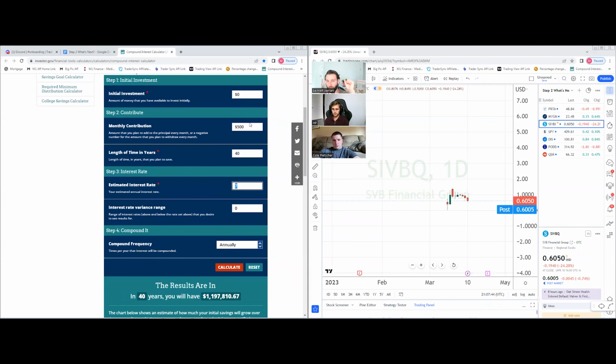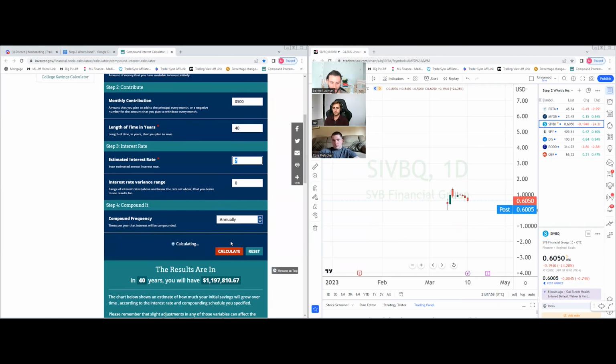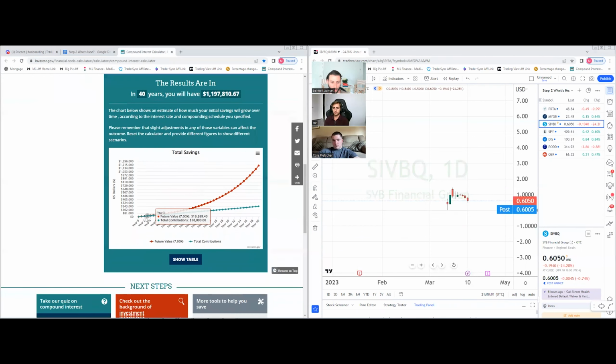So very simple, starting with nothing, saving $500 a month into one Roth IRA, having 40 years in front of you before you reach retirement, at a 7% interest rate, which is an average rate of return you're going to receive buying consistently. If we calculate that, this gives you an example of what you could potentially reach in retirement.